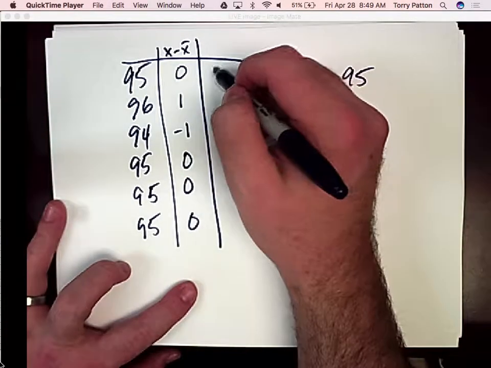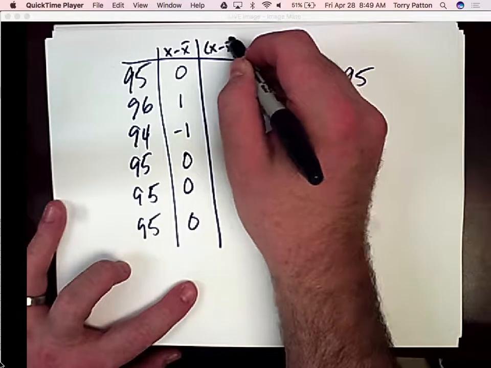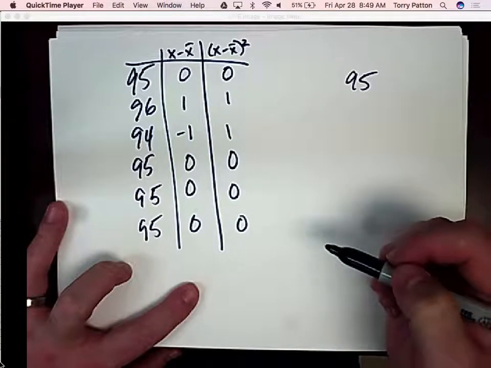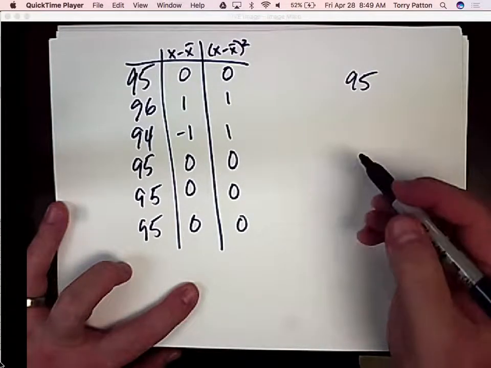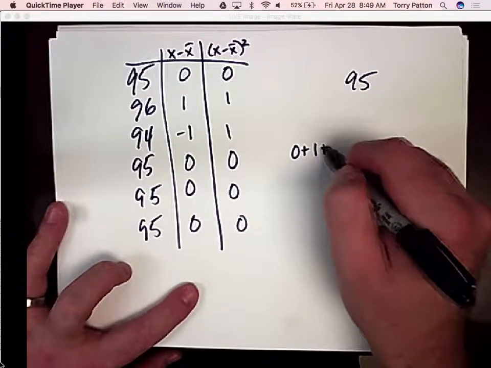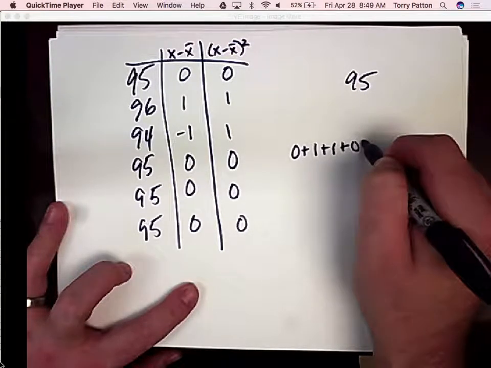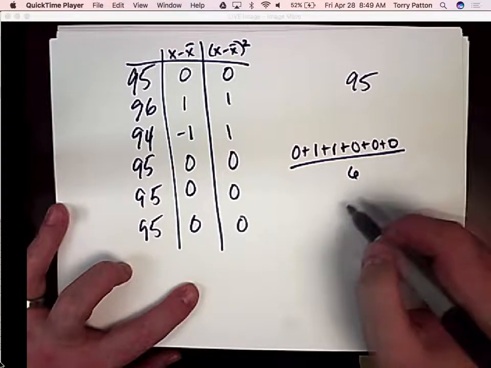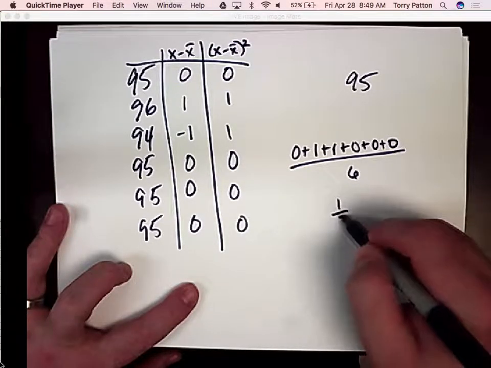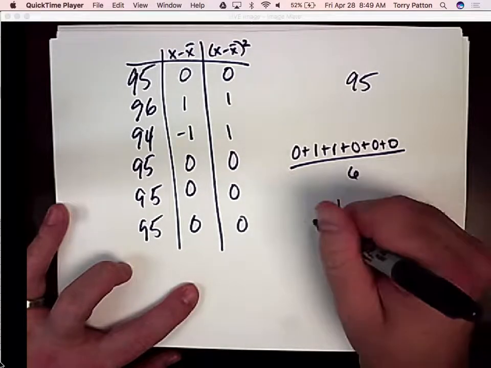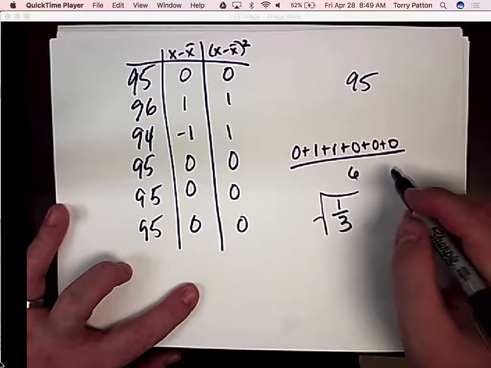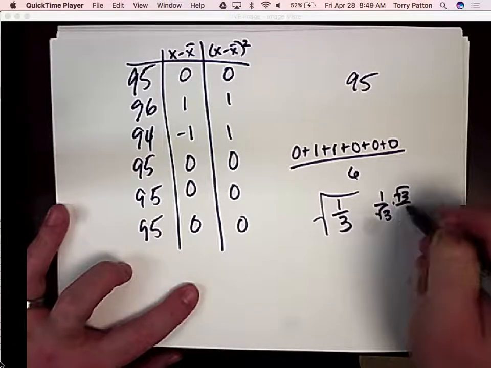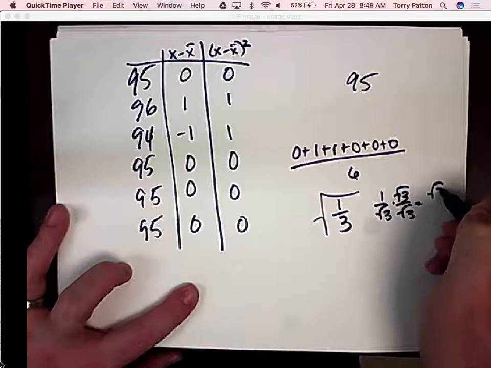Then you square it: 0, 1, 1, 0, 0, 0. Then you average it: 0 plus 1 plus 1 plus 0 plus 0 plus 0 divided by 6 is 2/6 or 1/3. And you take the square root of that. So that's 1 over the square root of 3, which is square root of 3 over 3.